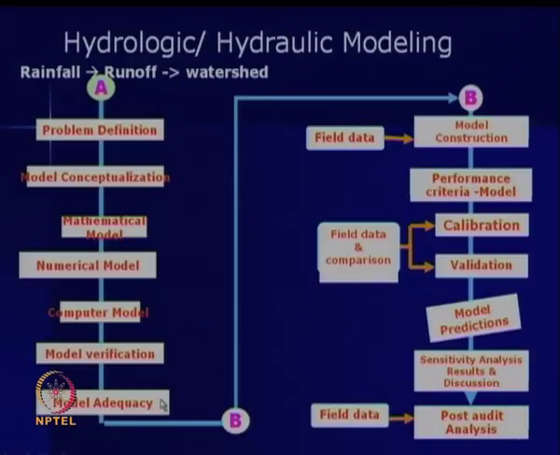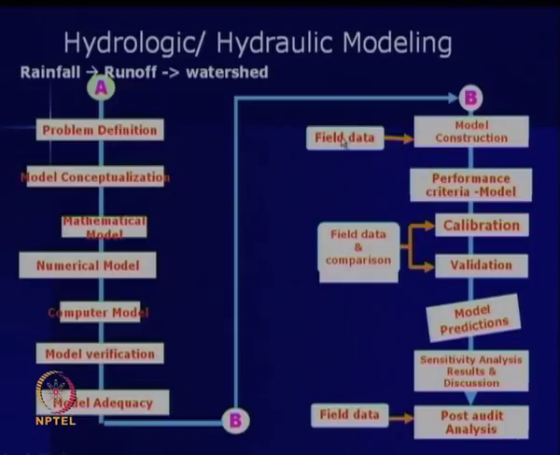As I mentioned, we are doing this watershed modeling while developing watershed management plans. We verify whether the model developed is adequate to deal with the particular objectives set. Once we identify that the model is adequate, the model can be constructed by considering the data set of the watershed which we are considering.